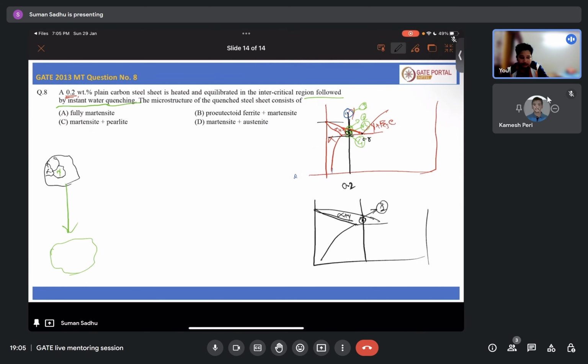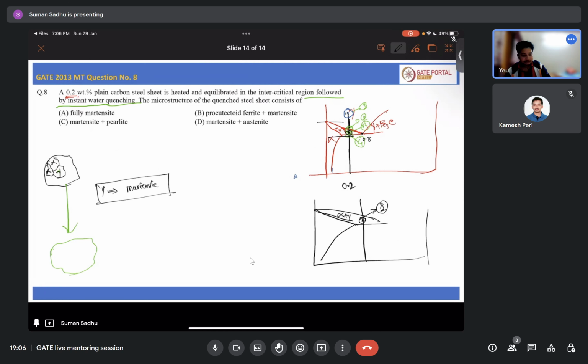At this point you have alpha and gamma. Alpha means this is the proeutectoid alpha or proeutectoid ferrite, and you have gamma. But when you are suddenly quenching it, the gamma will transform to martensite, assuming that the Ms temperature is lower than room temperature or the temperature of your water bath.